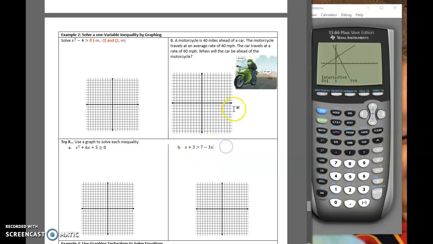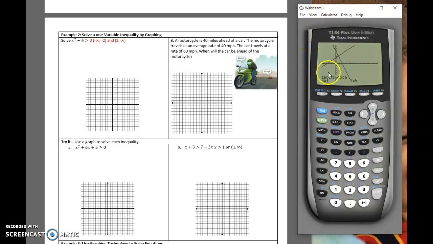So our answer that this is bigger when x is greater than 1, or we can write it in interval notation where we have a soft bracket 1 to infinity. And that is it.